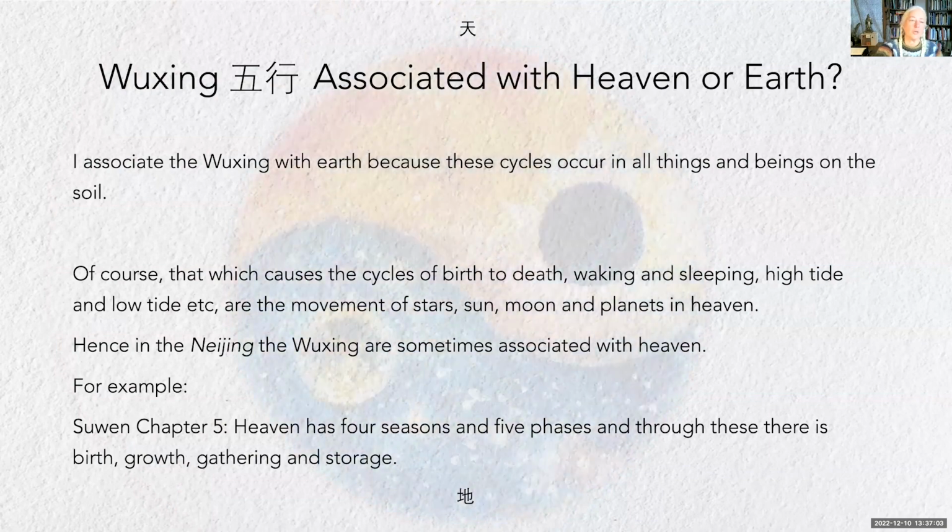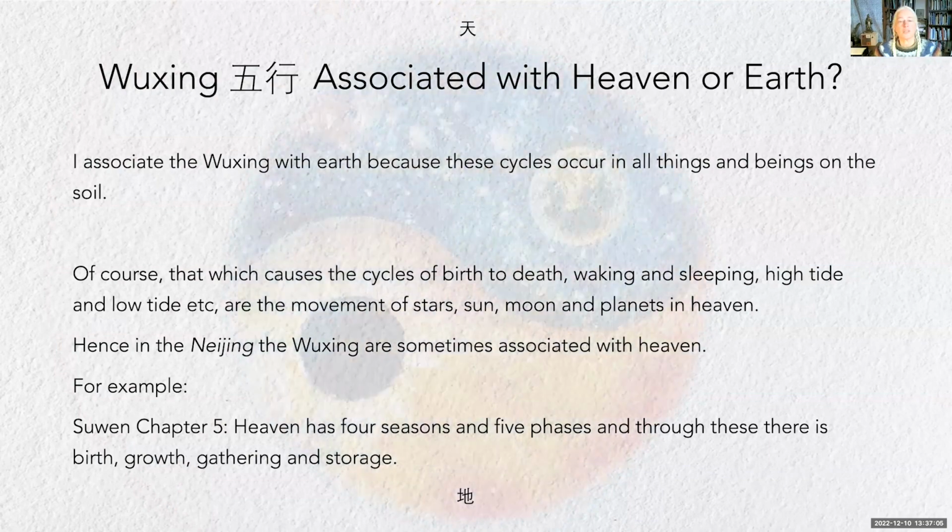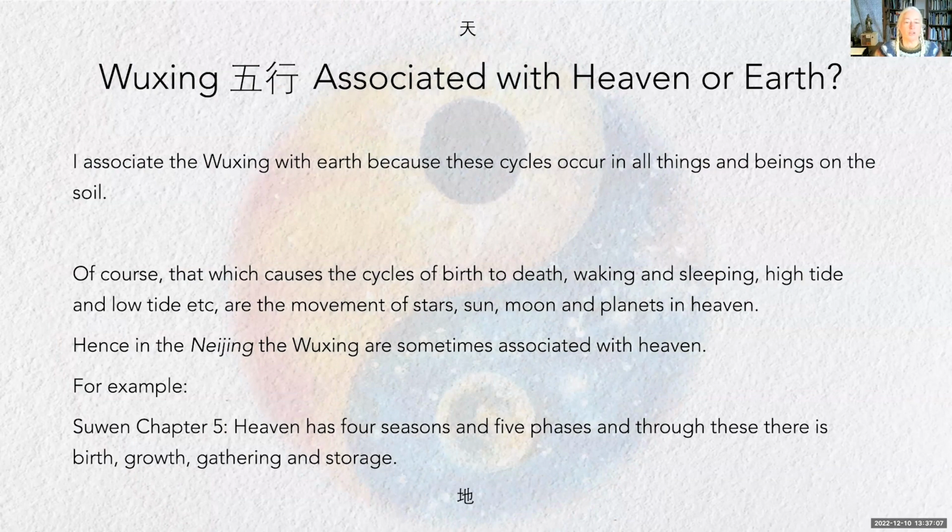So there's a question, are the wuxing associated with heaven or earth? And I've been having this conversation with some people, where do we put this? Like, if we're going to say one thing like the Liu Jing and the wuxing, where do we put them in terms of heaven or earth? I associate the wuxing with earth because these cycles occur on all things and beings on the soil.